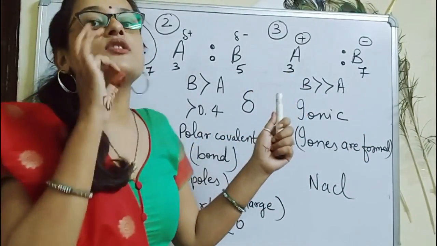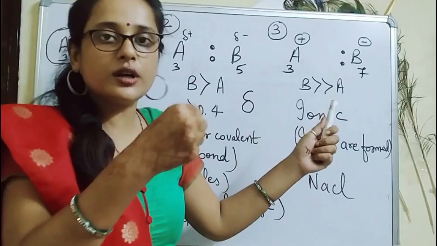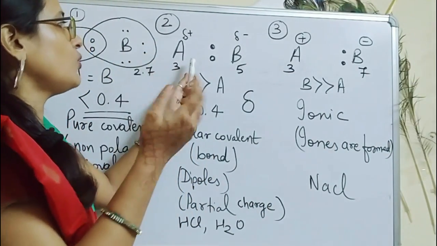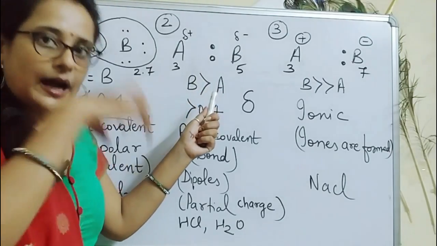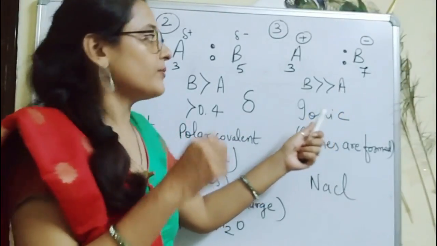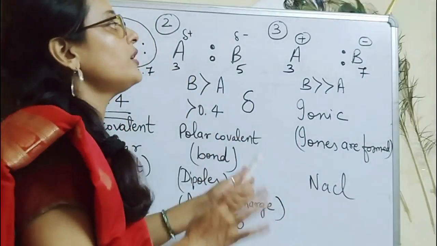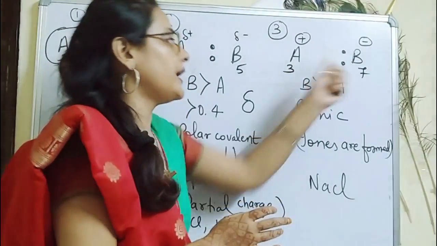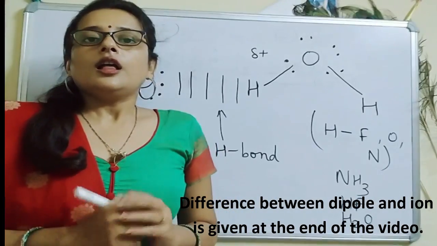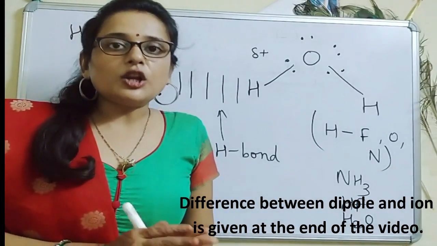And A will have zero control, B will have full control. Over here, A had a little bit of control, but B had higher control. But over here, A is having zero and B is having full control. As a result, the bond formed between A and B will be called an ionic bond. Now we will see the types of intermolecular bonds.